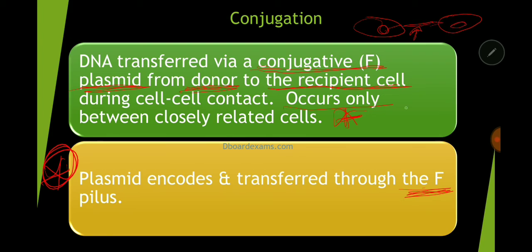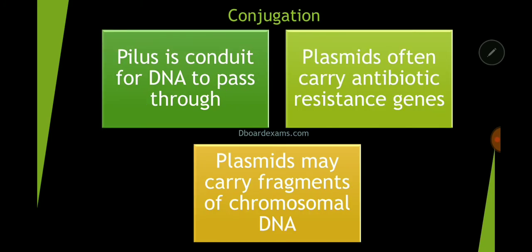The pilus is a conduit for DNA to pass through. Plasmids often carry antibiotic resistance, which is the reason bacteria exchange plasmids. And plasmids may carry fragments of chromosomal DNA.